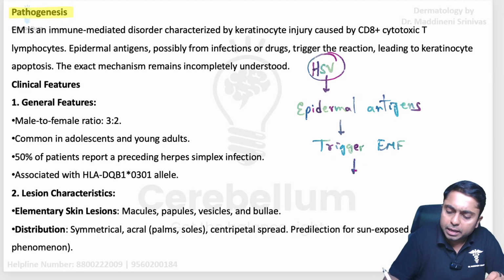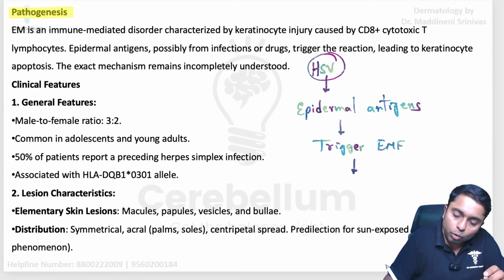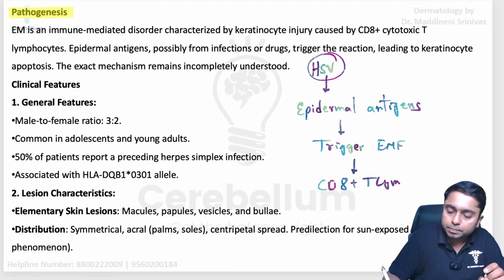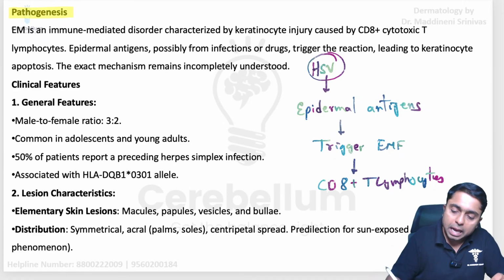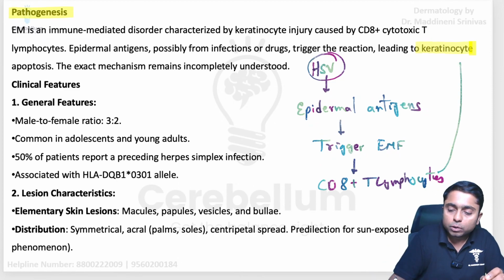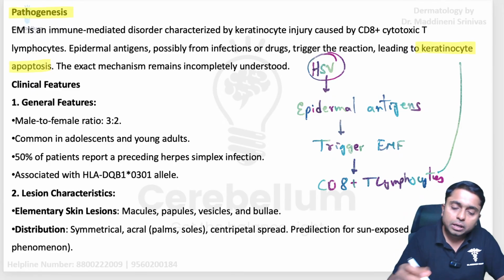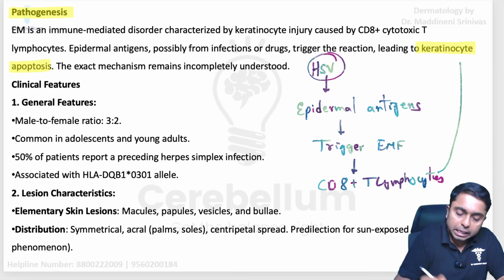Ultimately, you need not remember the mediators and all, but ultimately there is going to be activation of CD8 plus T lymphocytes, and it is going to ultimately produce keratinocytic apoptosis. Okay, so this is the flow chart which you can write in your exams also.